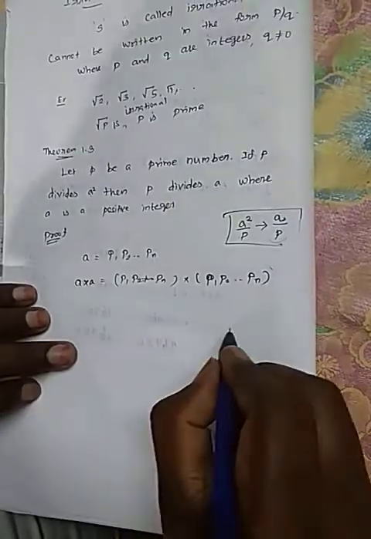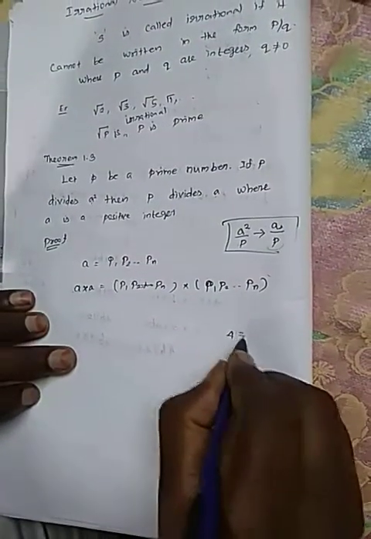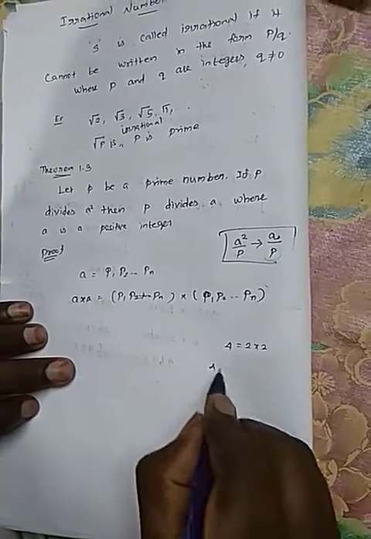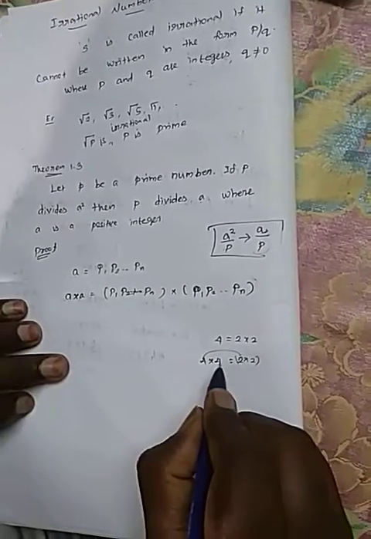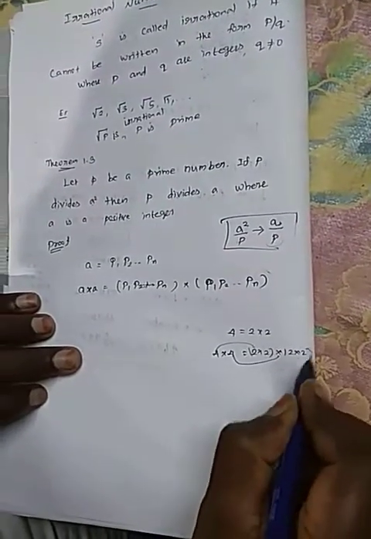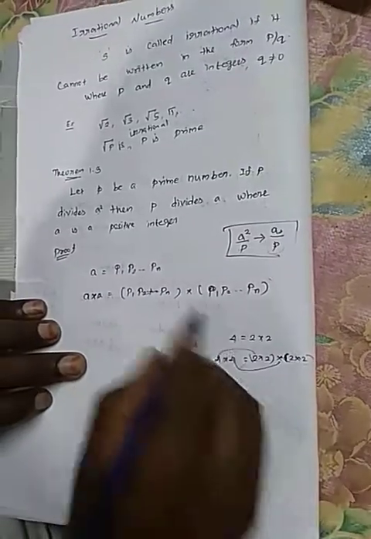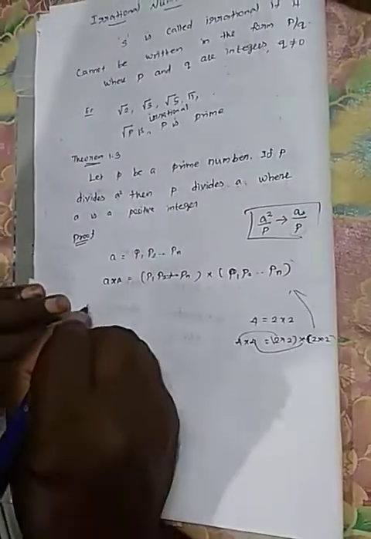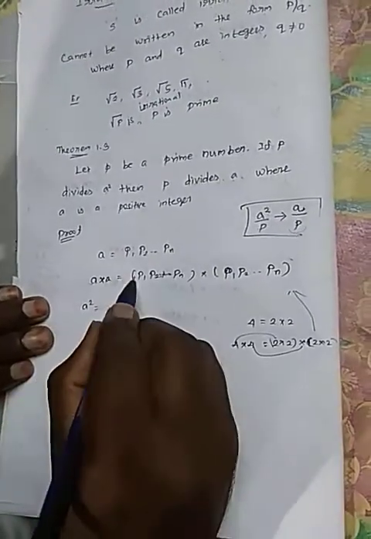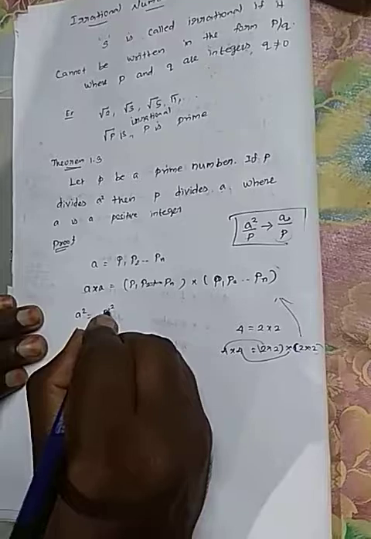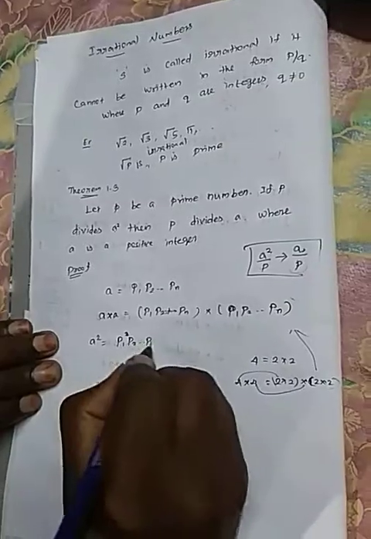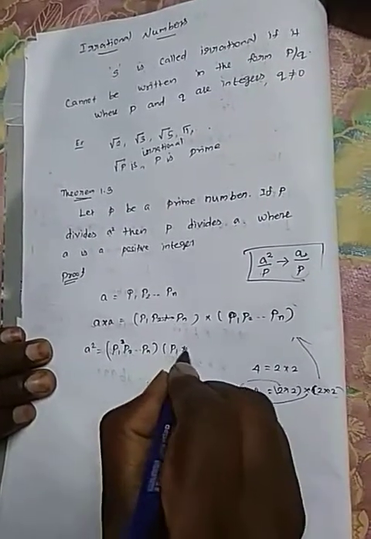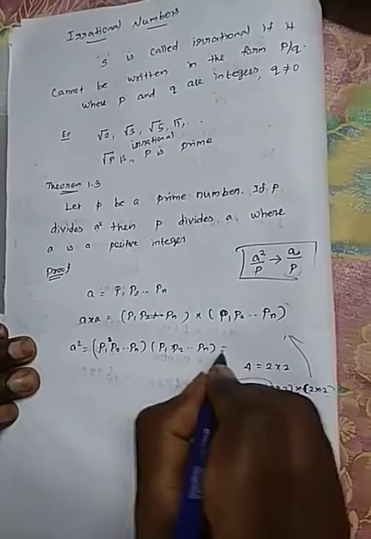For example, 4: what are the prime factors of 4? 2 into 2. Then I again multiply by 4, which is again 2 into 2. So a square is p1 square, and so on.